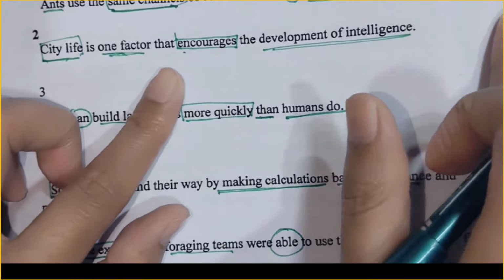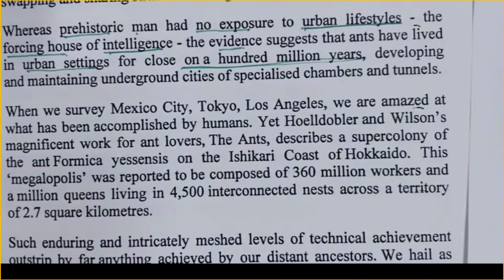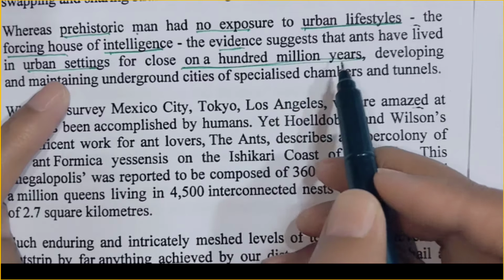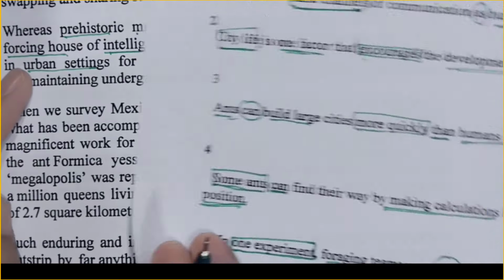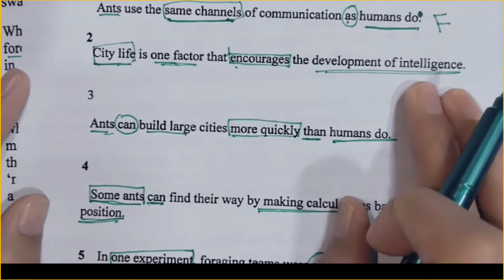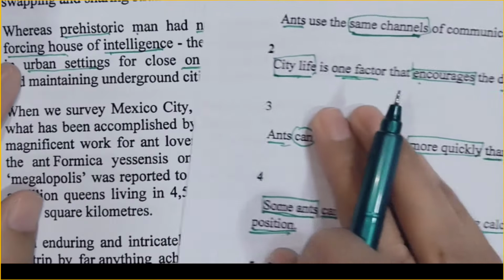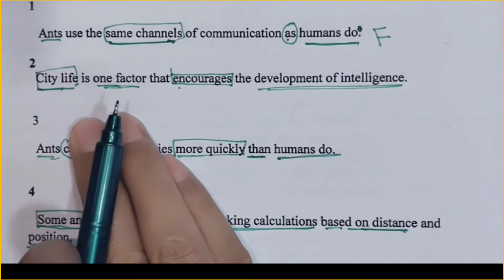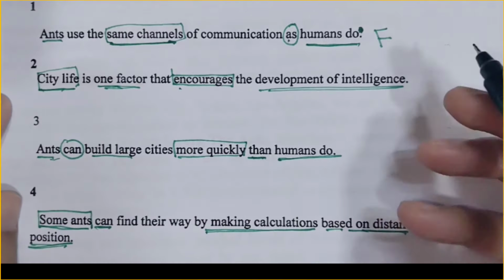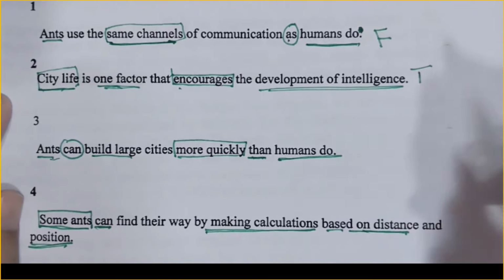The evidence suggests that ants have lived in urban settings for close on 100 million years. So forcing house of intelligence, encourage the development of intelligence, city lifestyle, urban lifestyle. So we can find three factors there. So our answer will be true.